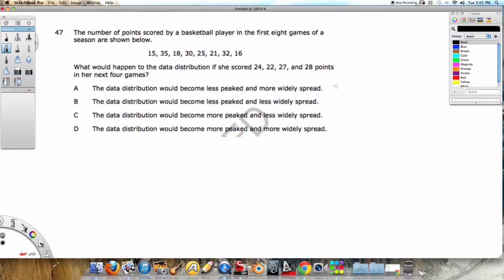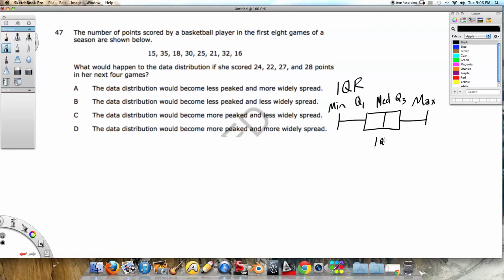Throughout the year we've said that you could use the range to measure the spread, but when you're dealing with the spread of a set of numbers, the best way to measure spread is what we call the IQR. If you remember, on a box and whisker plot there are 5 specific points. You have the minimum value, the maximum value, in the very middle is the median, and then you have the 2 edges of the box, Q1 and Q3, the lower quartile and the upper quartile, or the first and third quartiles.